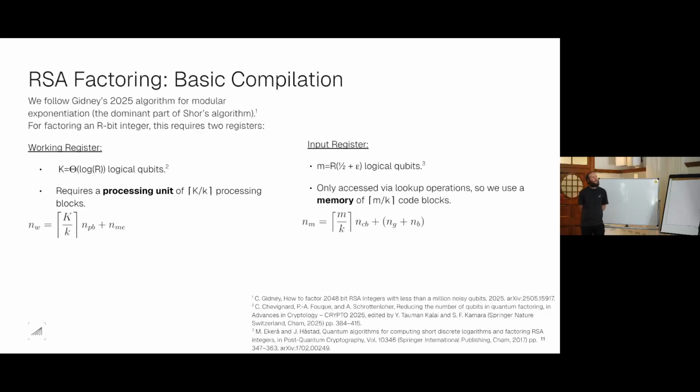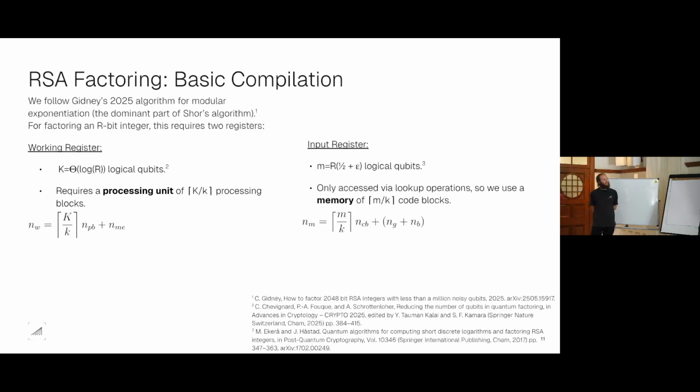Essentially, the way that it's laid out then, for factoring an r-bit integer, you need 2 registers of logical qubits. You need a working register. The working register is going to need to do a high density of logical operations. This is in Gidney's work what he calls hot storage that's able to do these ladder surgery operations in fast time.